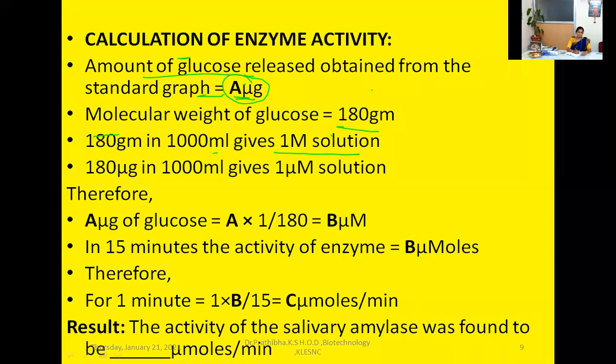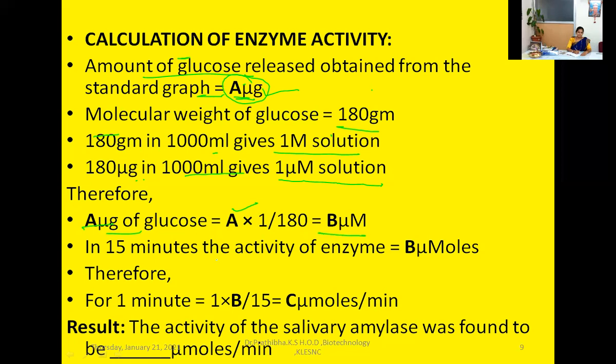So 180 microgram in 1000 ml gives you a 1 micromolar solution. Therefore, A microgram, whatever you got from the graph on the x-axis, of glucose is equal to A into 1 divided by 180, which is going to give you B micromolar.